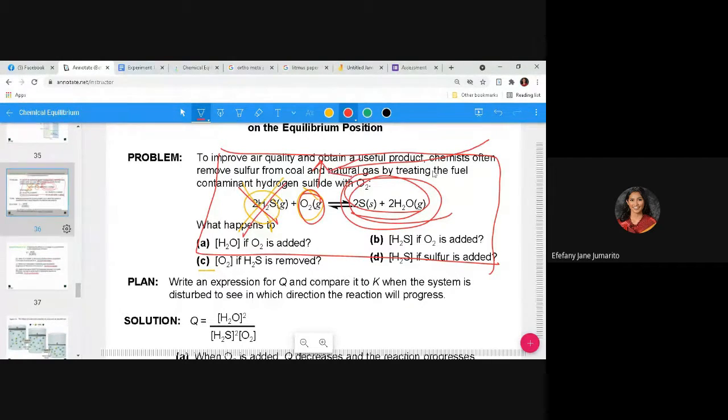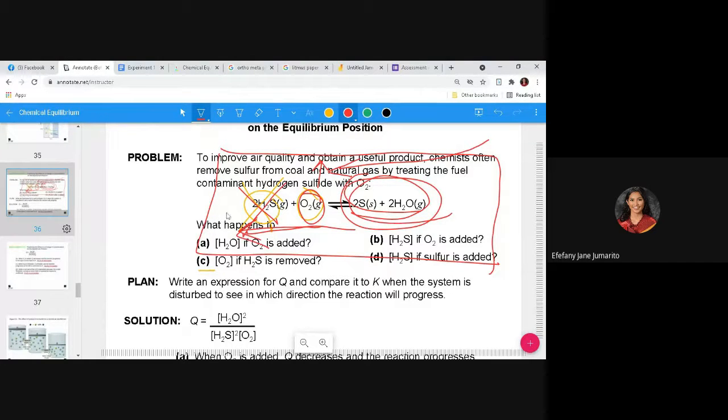The system will move kung asa dapit ang tabanganan for it to restore the equation. So since the reactant needs help, the system will proceed to the left.